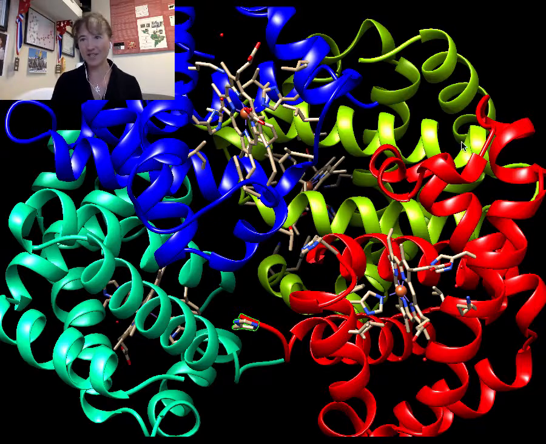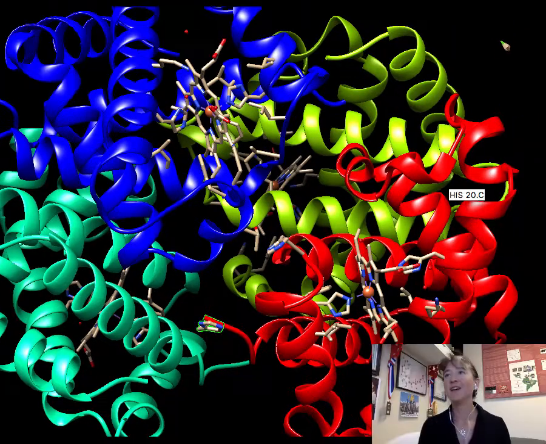So this is actually literally called the T to R equilibrium. And I actually am going to go ahead and jot that down for you. So when hemoglobin is deoxy, it is in this T form. T actually literally stands for tense.